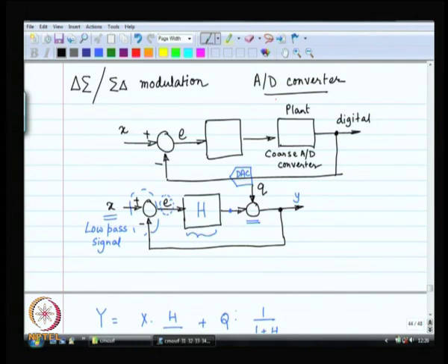Okay. And it is not very difficult. This is basically a feedback control system, negative feedback control system, and negative feedback control systems, if the loop gain is large, then the output is equal to the input, right.